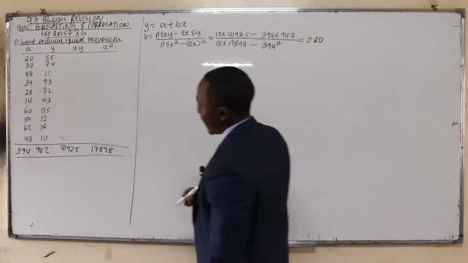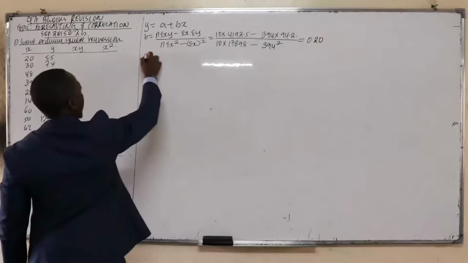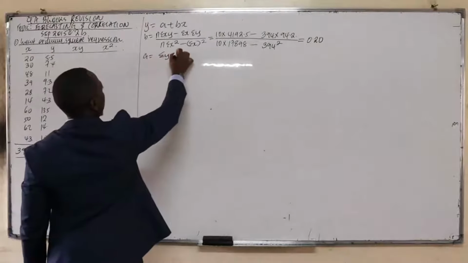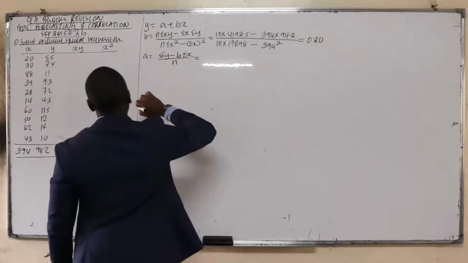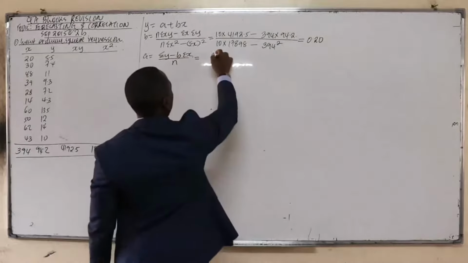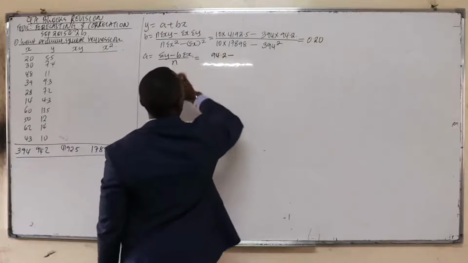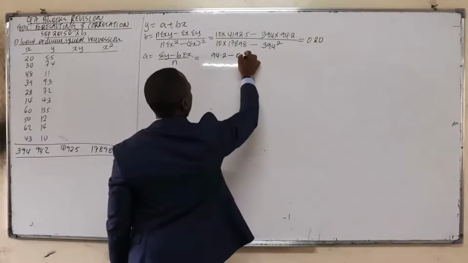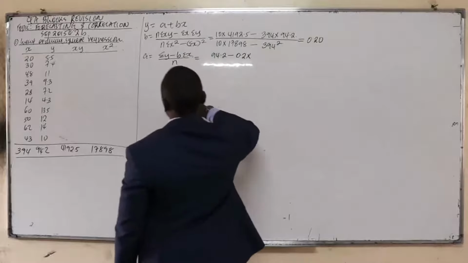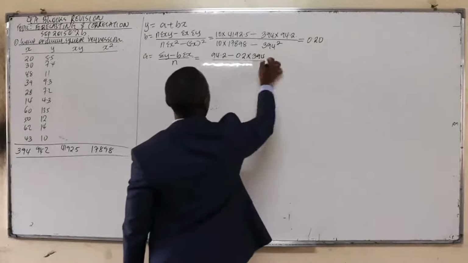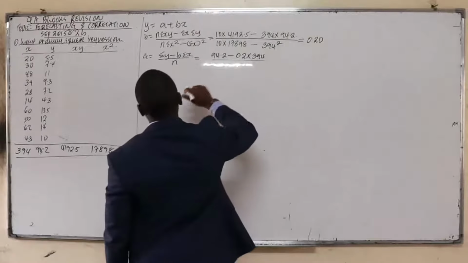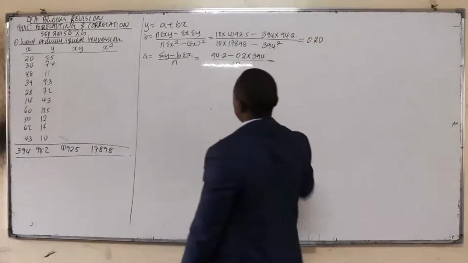0.20. That's B. So how do we get A? A is summation of y minus B summation of x, divided by n. Summation of y is 94.2, B is 0.2, summation of x is 394, divided by n, 10 marketers.